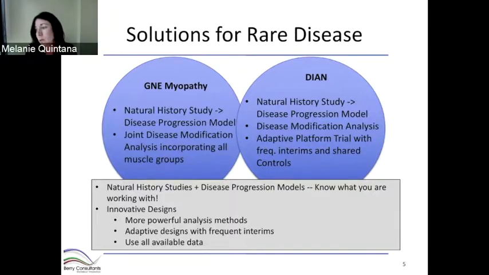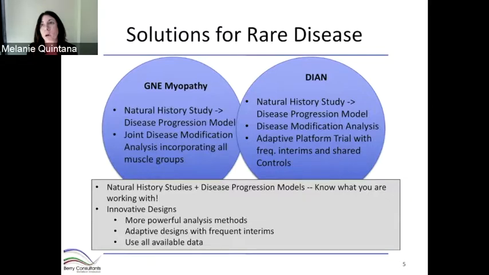So how individuals progressed cognitively in the dominantly inherited Alzheimer's group, and how individuals progressed on the key clinical muscle groups under natural progression. This allowed us to essentially just know what we're working with.